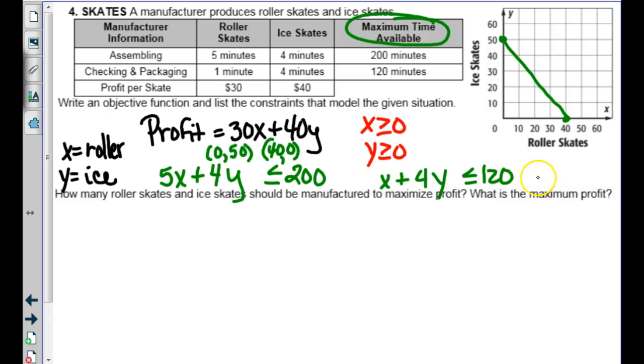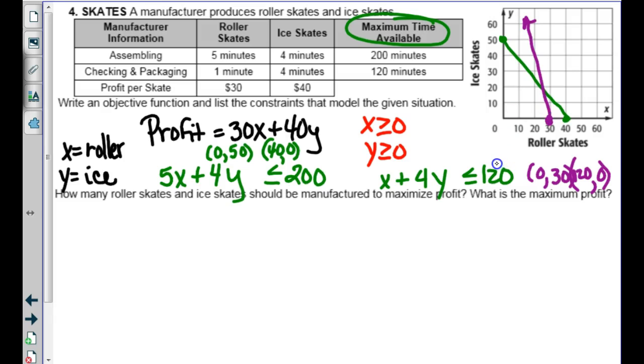The other one, if I put a 0 in for X, 120 divided by 4 would be 30. If I put the 0 in for Y, it would just say X equals 120, which isn't going to fit on our paper. So over 0 and up 30 is a boundary, and then it's going way up there somewhere to 120.